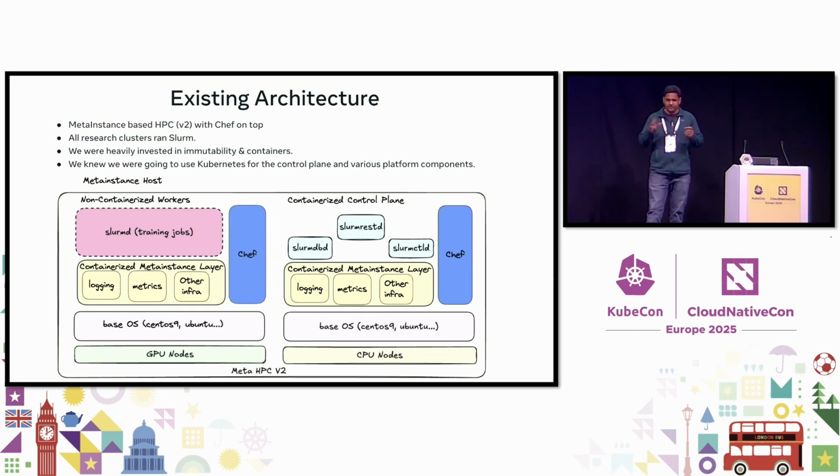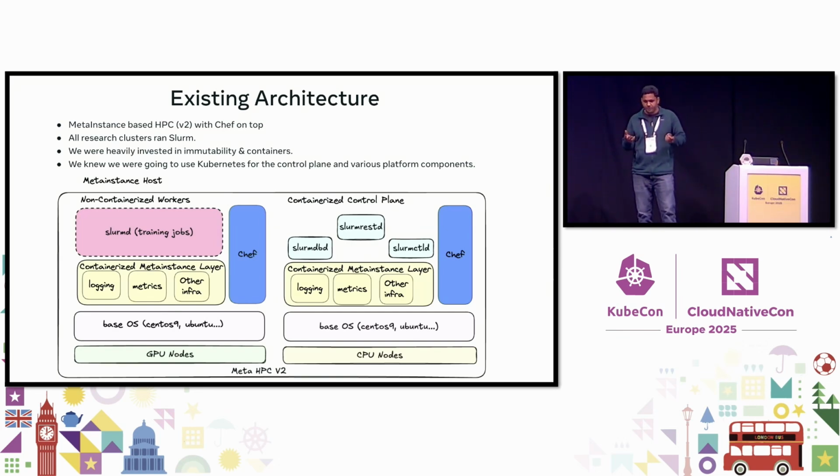So we just saw how we wanted to have a research cluster built in the public cloud. When we started, we did not start using Kubernetes from the start. So we used something like this. We have a meta instance. In Meta we have something called the meta instance, which is just a machine image that we use across the public cloud providers.